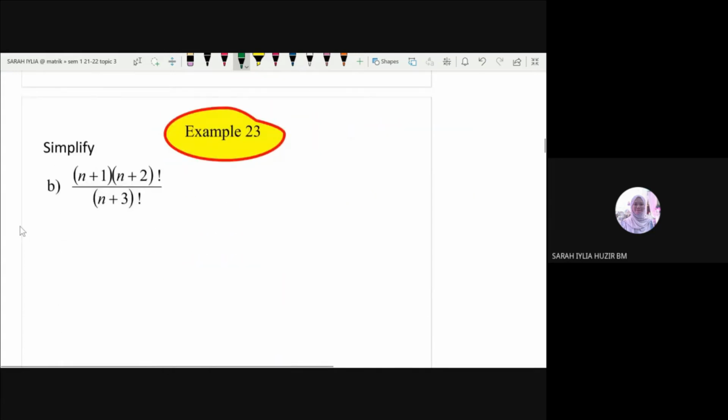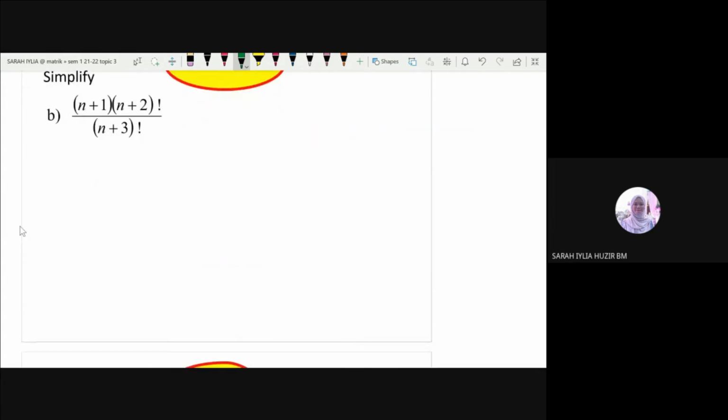Alright, kita proceed next one. n plus 1, n plus 2 factorial over n plus 3 factorial. So, bila case macam ni, kita kena tengok siapa yang lebih besar lah. Nombor yang lebih besar tu yang kita kena open. So, n plus 3 factorial yang lebih besar kat situ. So, dia yang kita kena buka. Means that in this case, numerator as it is.